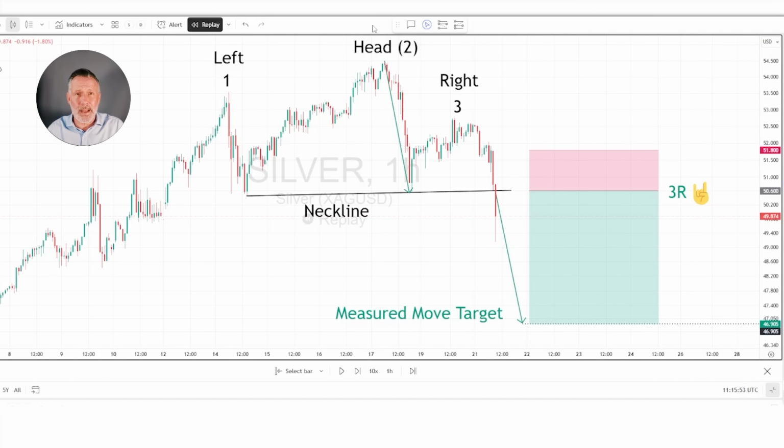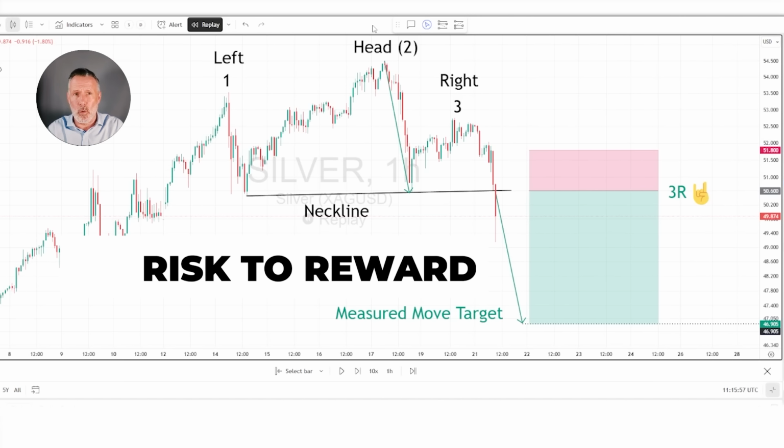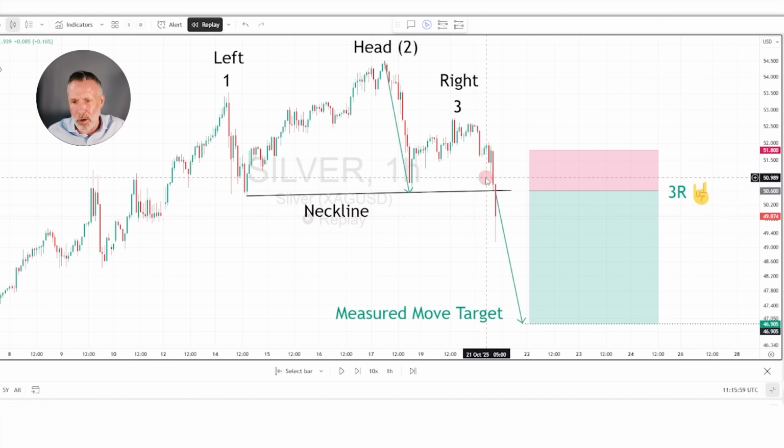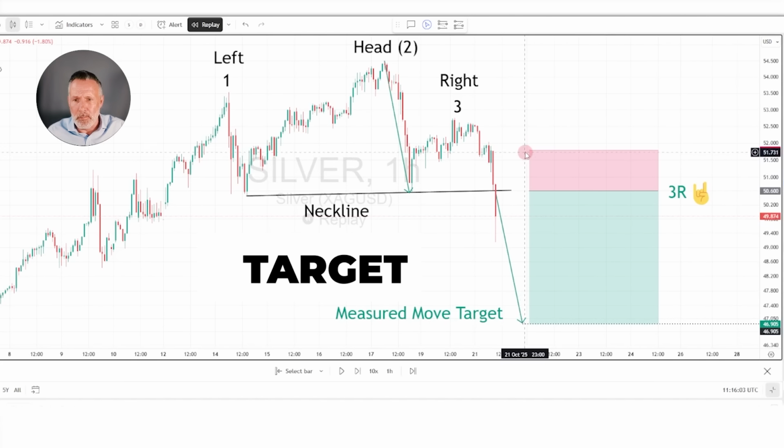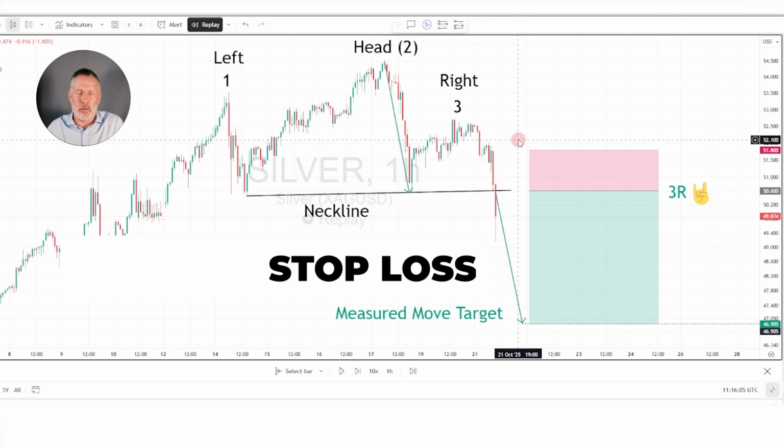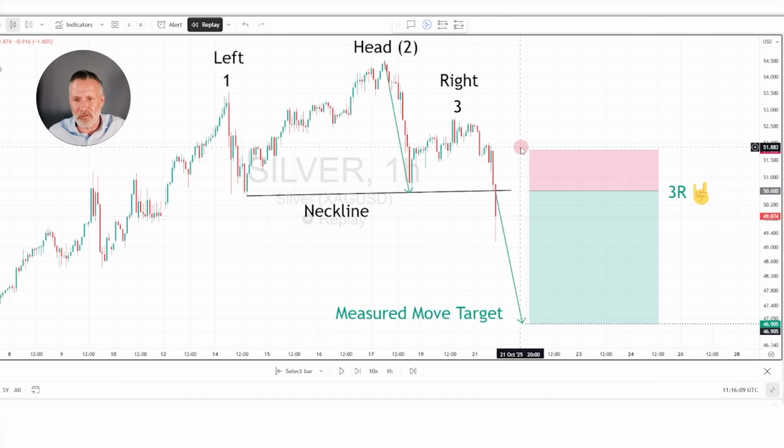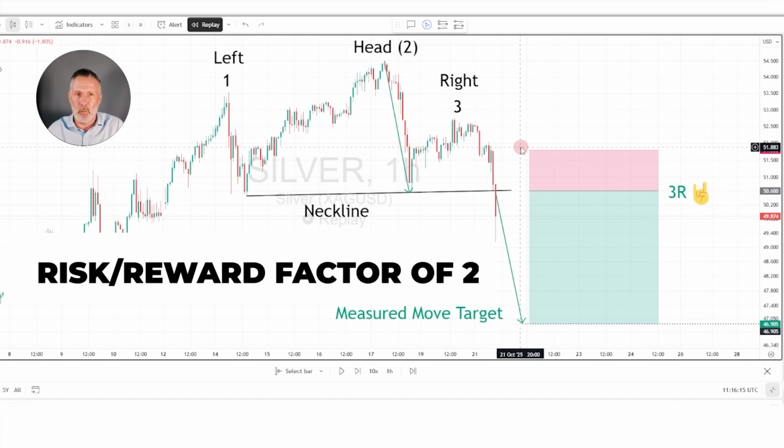We've spotted the pattern. Now we need to calculate our risk to reward factor. We know our entry level, we know our target level, but where do we place our stop loss? Now it's common practice to place this protection trade back inside the breakout level. We should be looking for a minimum risk reward factor of around about 2.